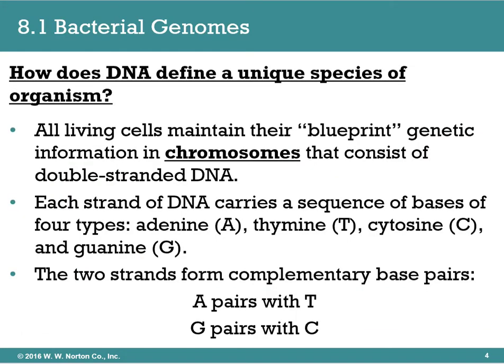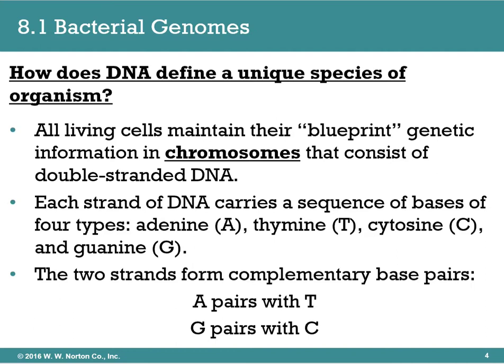So next we're going to talk about what makes DNA relatively unique. DNA is in all living cells and it's considered the blueprint of the cell. It consists of chromosomes that are double-stranded. So DNA is double-stranded, whereas RNA is single-stranded.